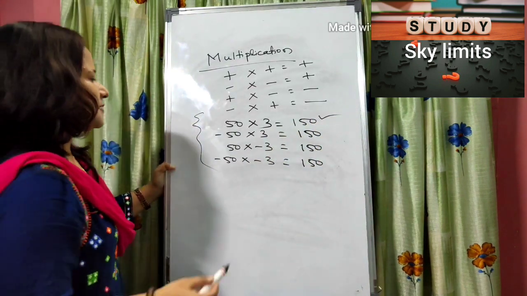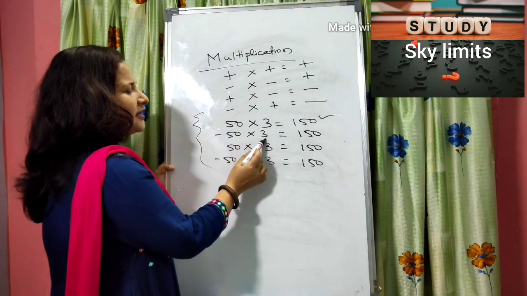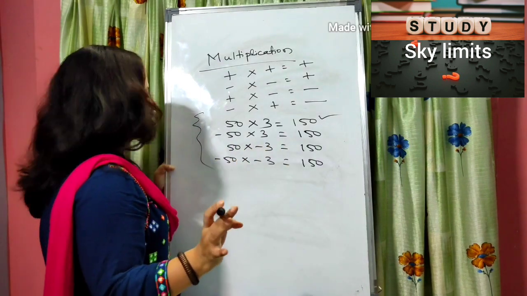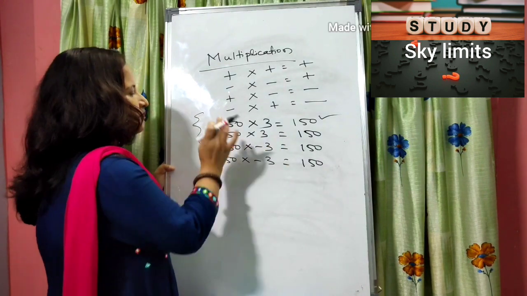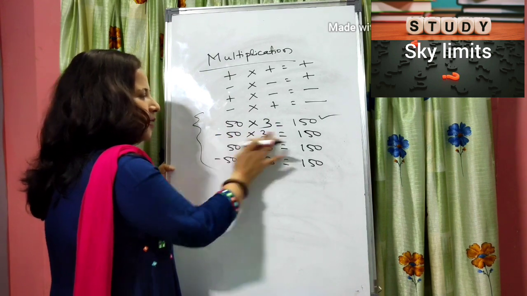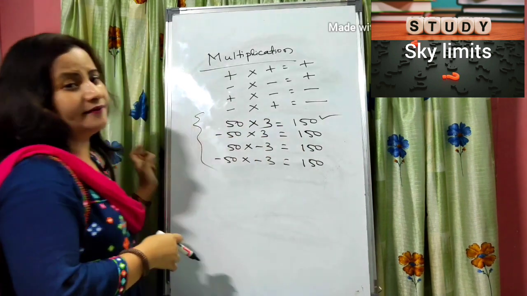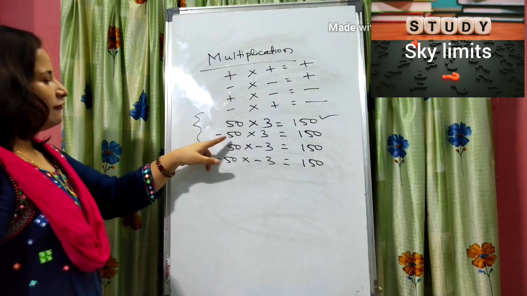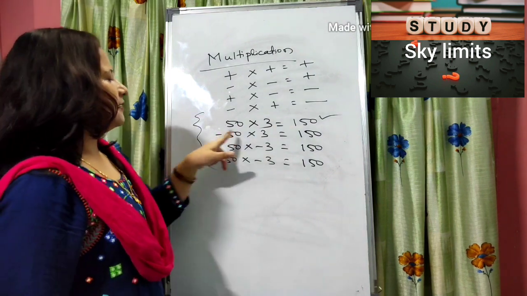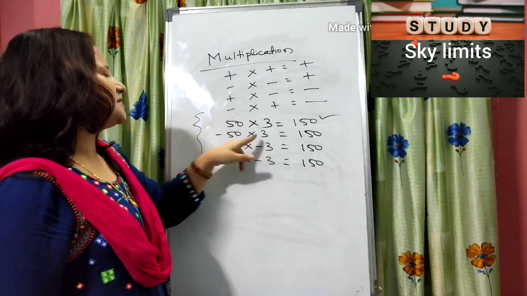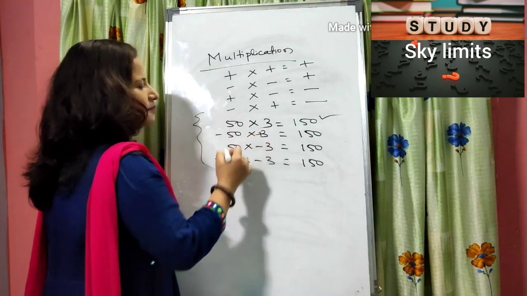Now, let's come to the next part. 50 multiplied to 3 is 150, obviously. But now, after multiplying the numbers, just look for the sign. 50 is carrying a minus sign and 3 is carrying no sign. That means it is carrying what sign? It is plus.